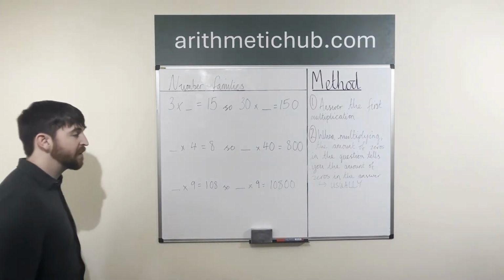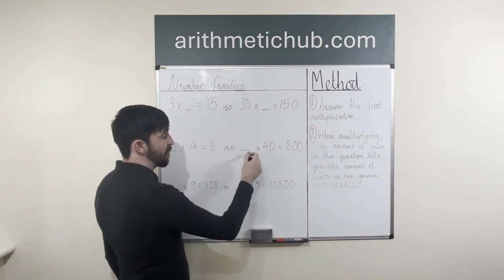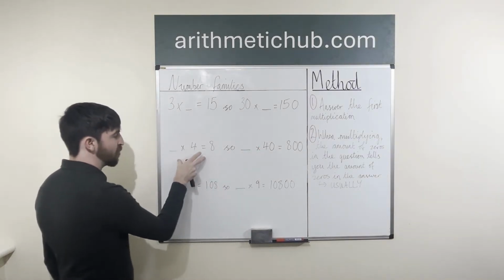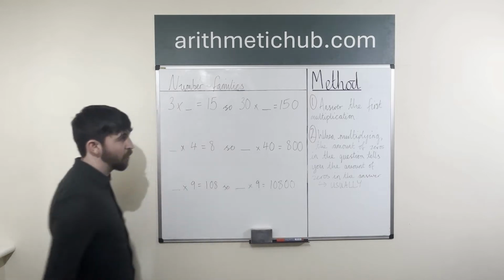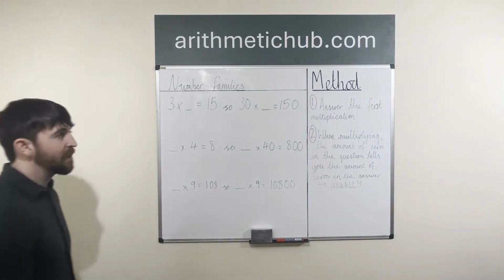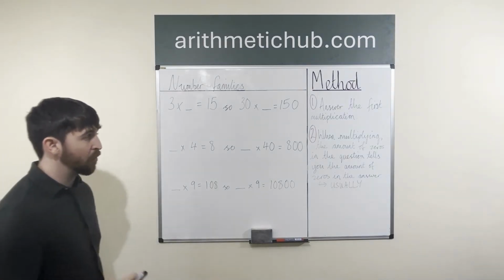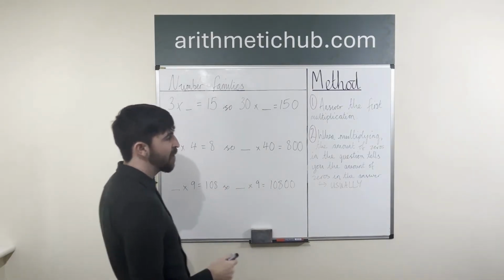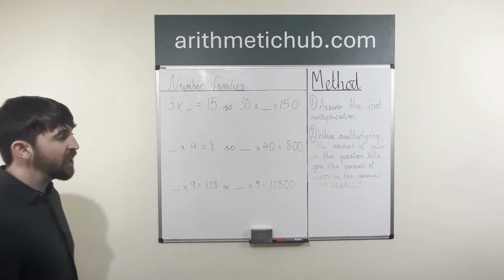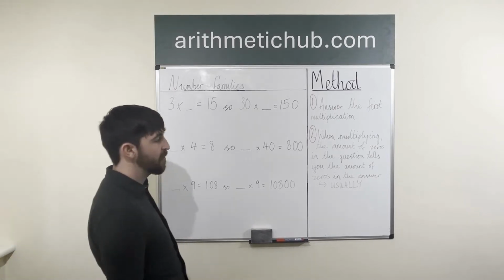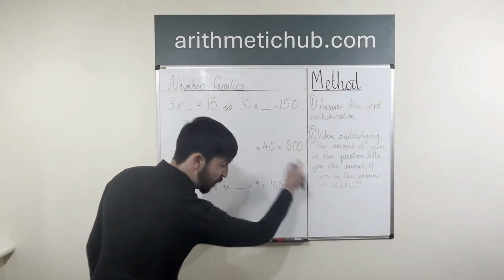What we're going to look at today is the relationship between the first question and the second question. So, to start off with, let's have a look at the method. First thing you have to do, answer the first multiplication. And then the second thing says, when multiplying, the amount of zeros in the question tells you the amount of zeros in the answer.